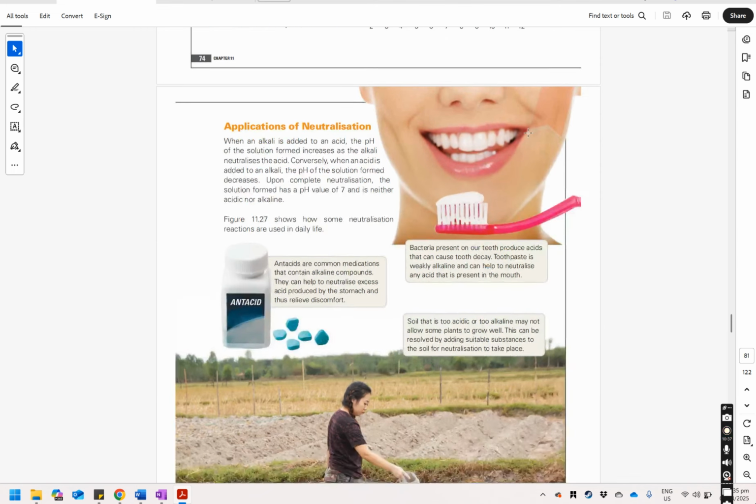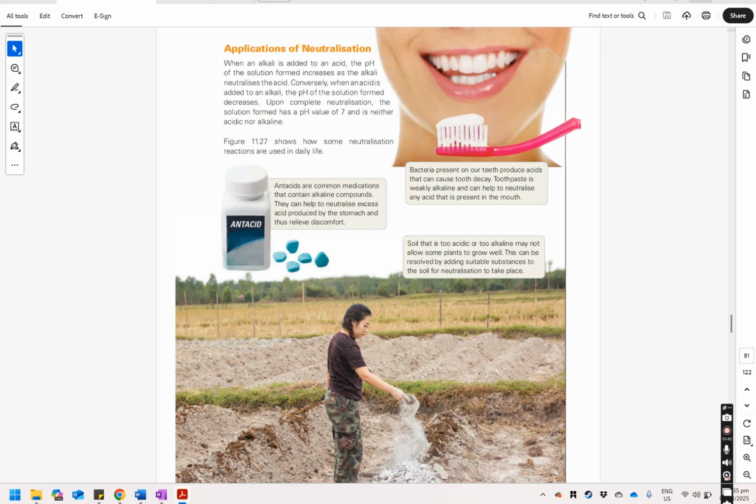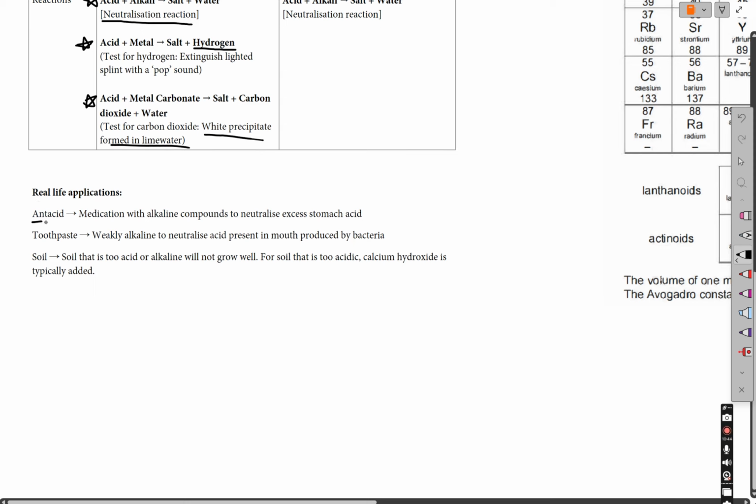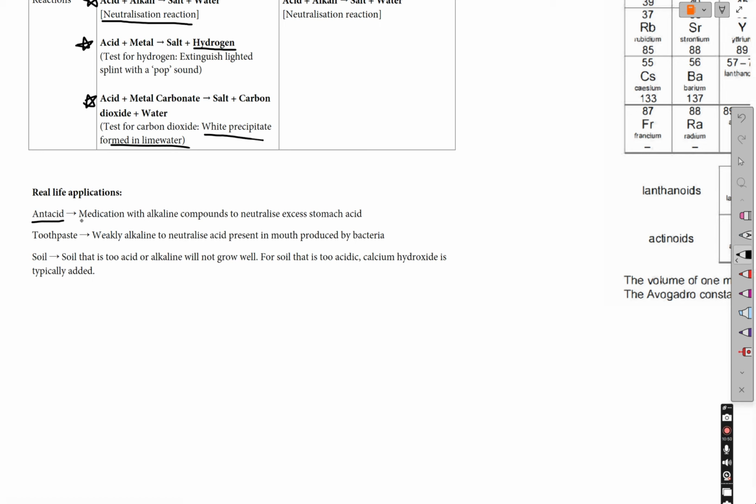So finally, we talk about the applications of neutralization. To summarize, antacids, or maybe antacid, I'm not too sure about the pronunciation. These are medications to neutralize excess stomach acid. So it itself contains alkali.